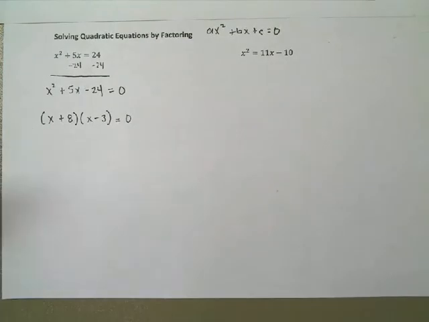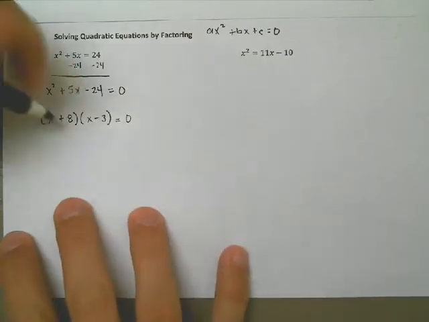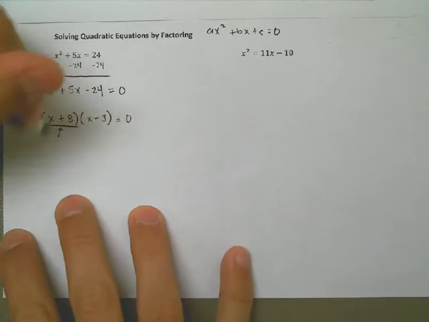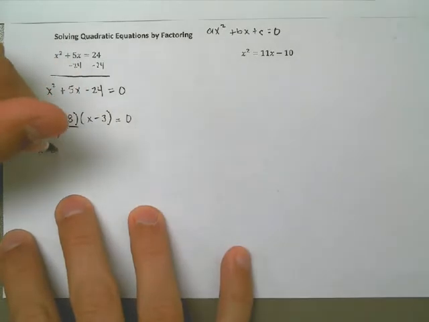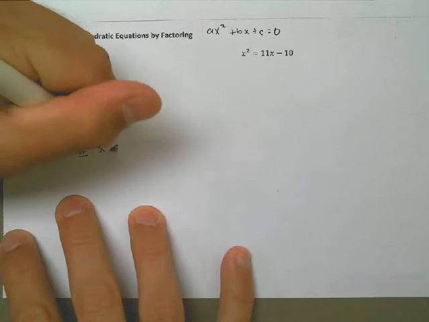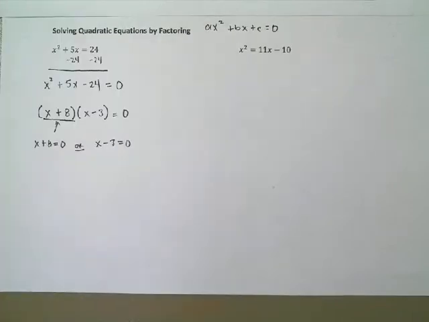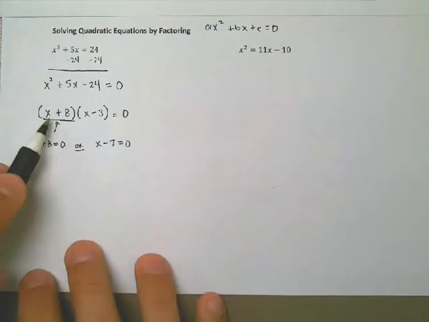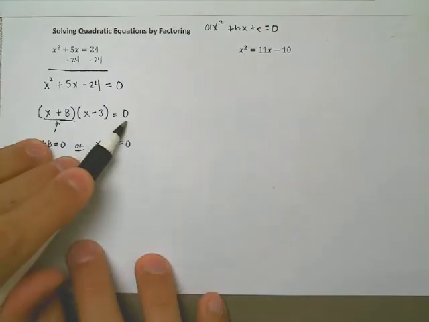Well, the only way that this can work, and if you watched the last video, you know where I'm going with this, is if either the x plus 8 is equal to 0, or if the x minus 3 chunk is equal to 0. That's the only way this can happen, because I need to have 0 times something is equal to 0, or something times 0 is equal to 0, the 0 product rule.